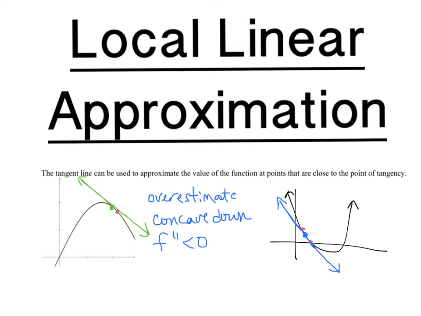Now we would say that any point on the tangent line is smaller than the value of the points on the actual function. And so this would be an underestimate. That's because this graph now is concave up. And of course we know that concavity comes from the second derivative, so it's concave up because the second derivative is positive.